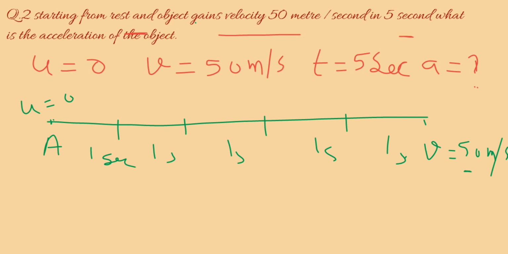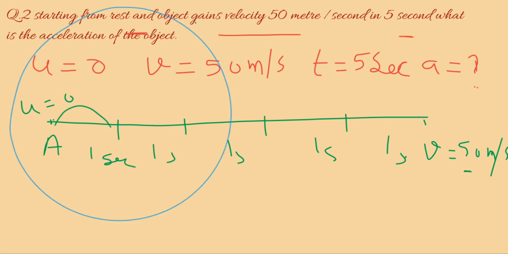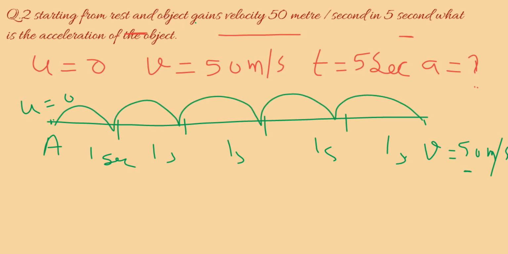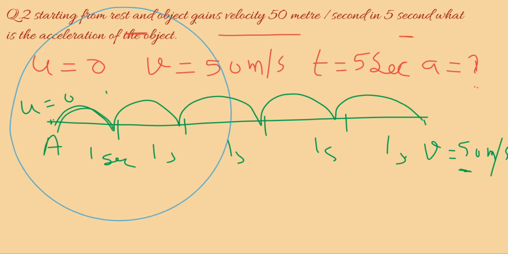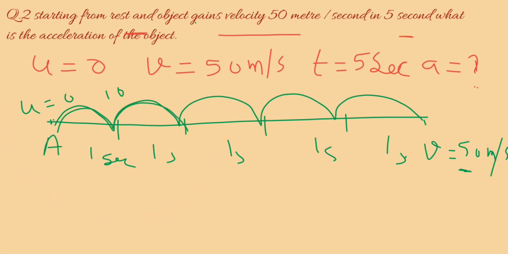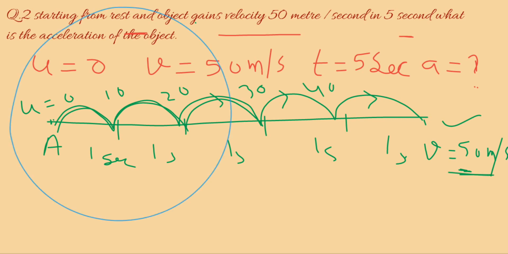From 0 to 50 we have to move in 5 jumps. If we take jumps of 10, can we get 50? Suppose 0, after 1 jump it will become 10, then another jump 20, then 30, then 40, and then 50 will be the final velocity.